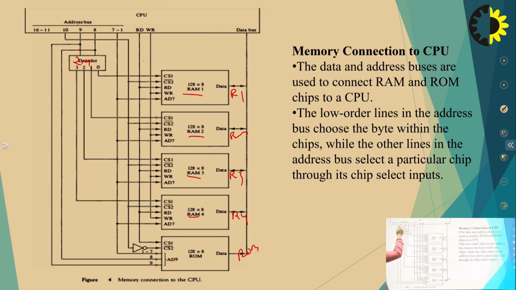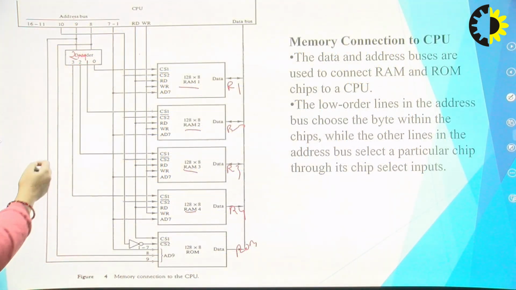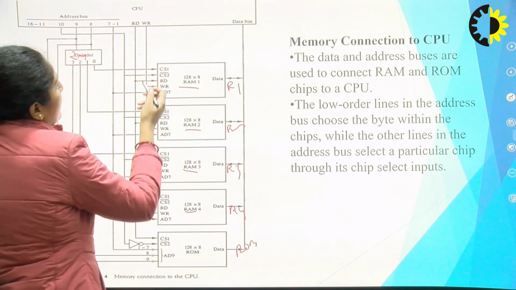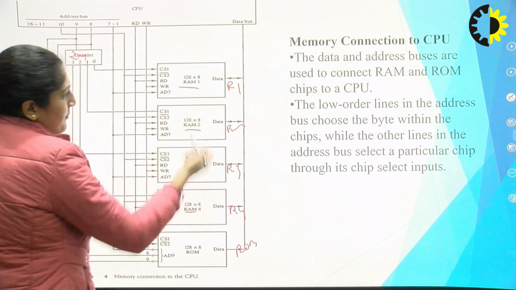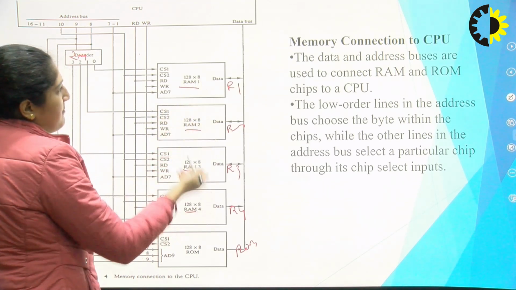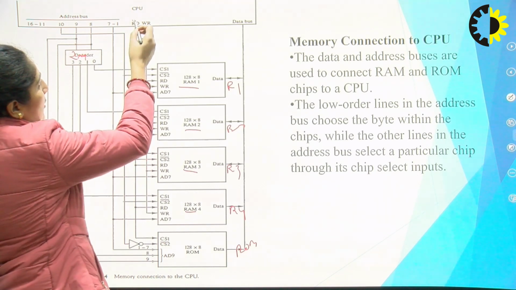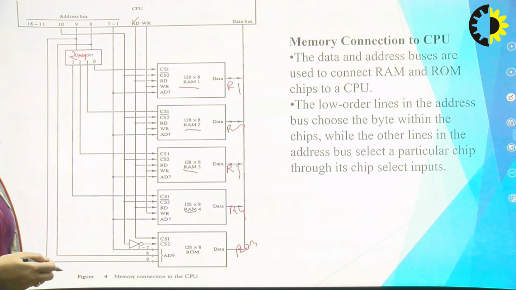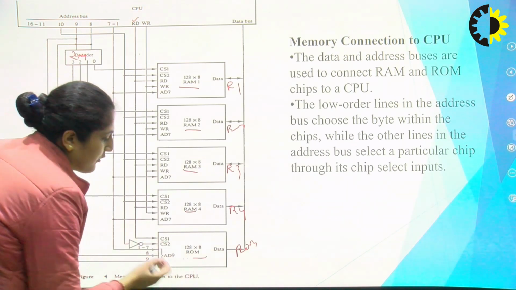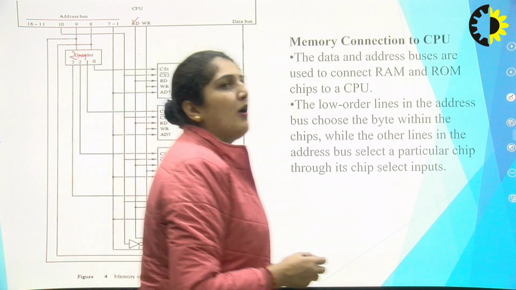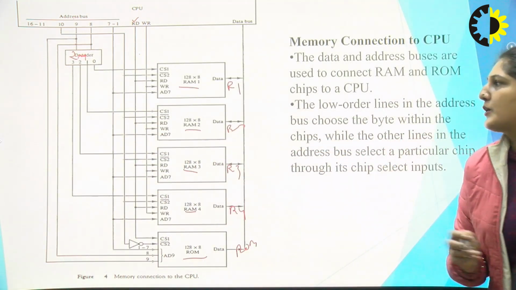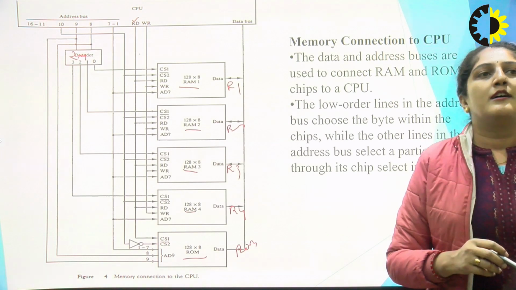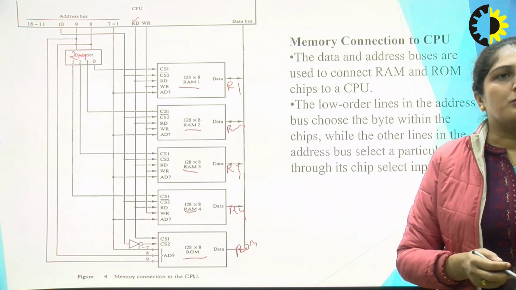So with the help of the 10th bit, we decide whether a RAM or the ROM is chosen. Read and write are connected with the different RAMs, and only read is connected with the ROM, because we only read from the ROM chip. So this is how we do memory address mapping with the help of different RAMs and ROMs.